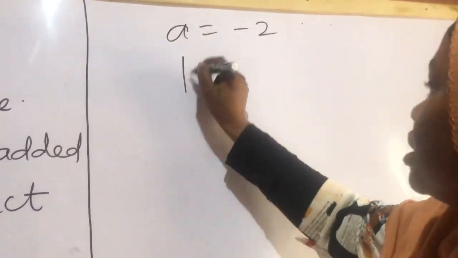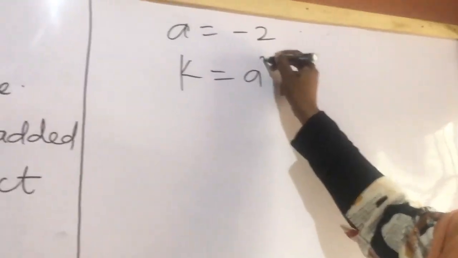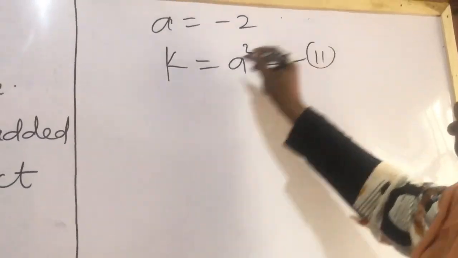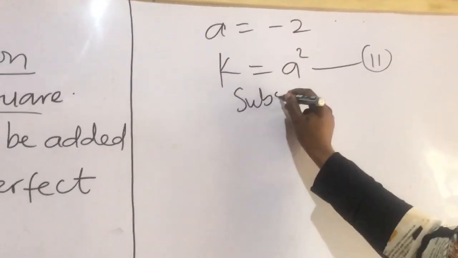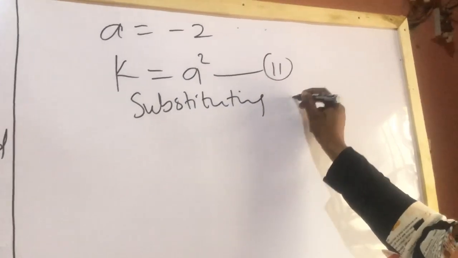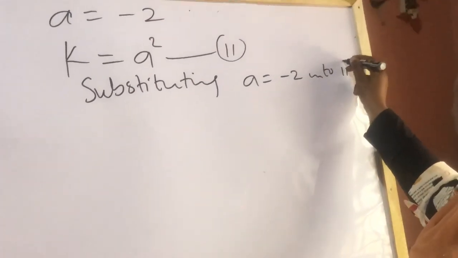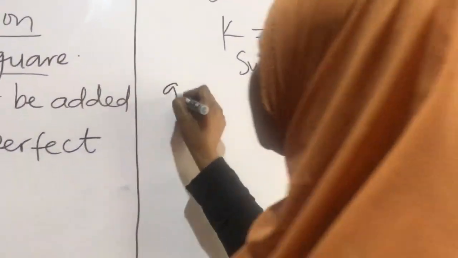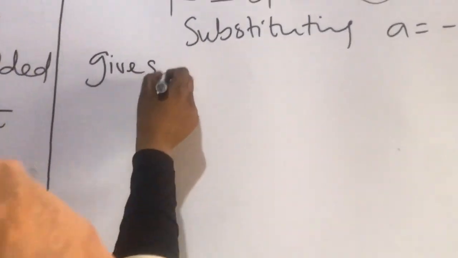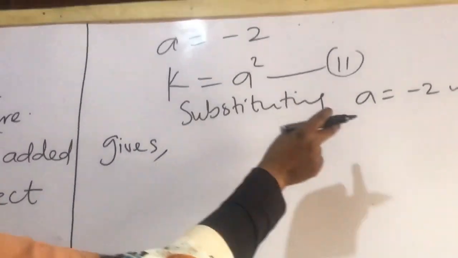And k is equal to a squared, equation 2. So substituting a is equal to minus 2 into equation 2 gives the following. Wherever we see a, we are going to put minus 2.